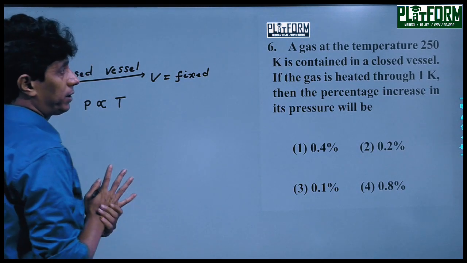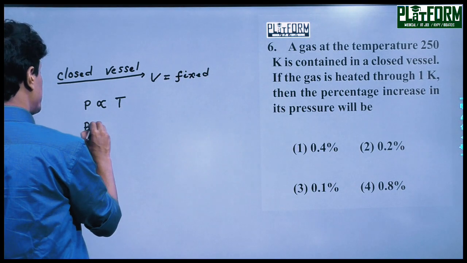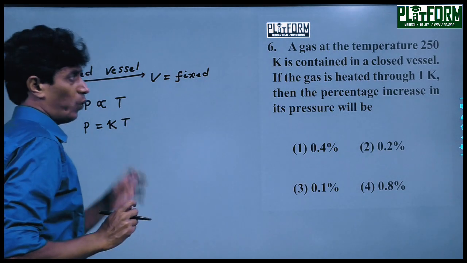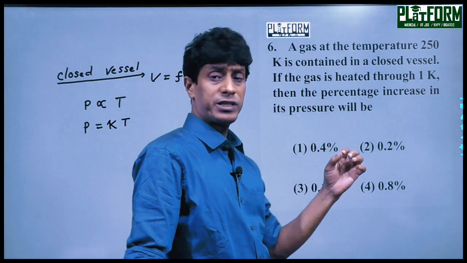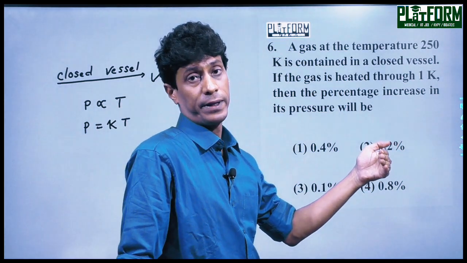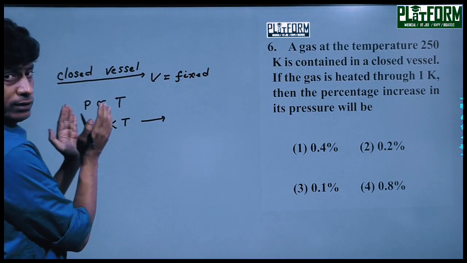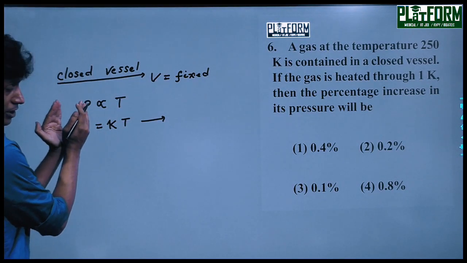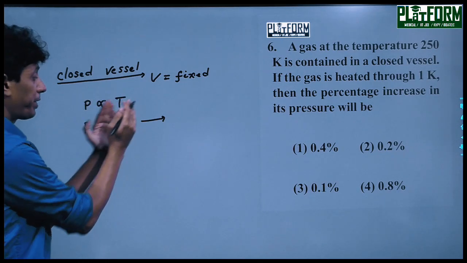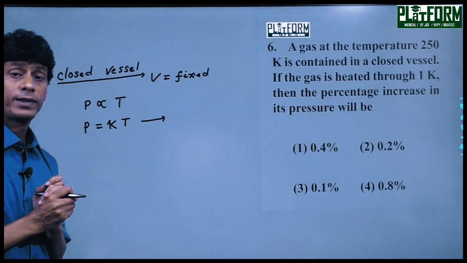So we have to find the percentage increase in its pressure. We can write P is equal to KT. A 1 Kelvin temperature change is a very small change with respect to the initial temperature 250 K. So we can say that the fractional change of pressure is equal to the fractional change in temperature. K is the proportionality constant and cannot change.